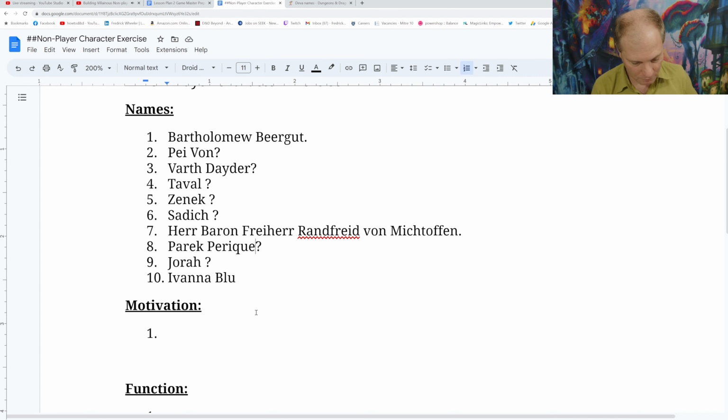Motivation. Secrets. Okay, let's try this one. I'm using the Pathfinder book right now. Dog face humanoid. Oh, I see. All right. Okay, so this is on page 94 that I was mentioning.